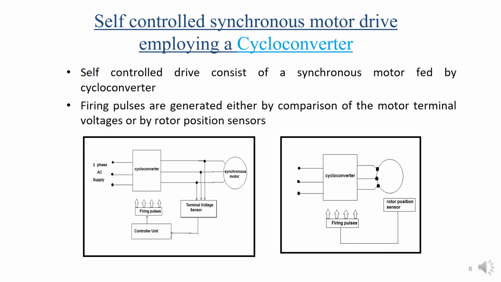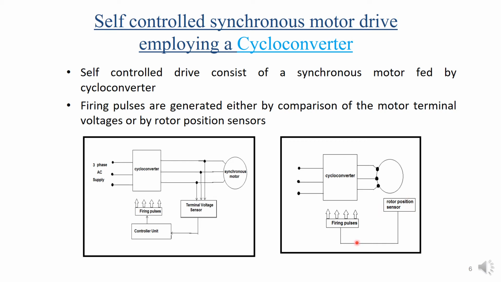Here you can see that we have a cycloconverter, and the firing impulses are produced either by comparison of the terminal voltage, where the terminal voltage is used to control the firing impulses of the cycloconverter, or we can use a rotor position sensor.